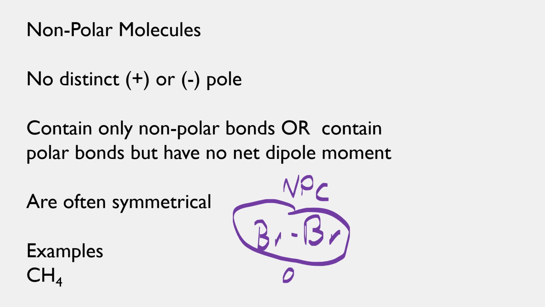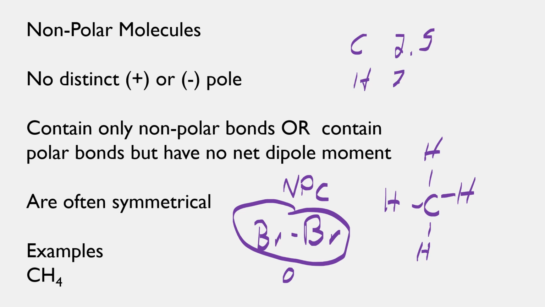You might have something like CH4. All right, carbon has a 2.5 electronegativity. Hydrogen has 2.1. So your difference is 0.4. That puts it as polar covalent.